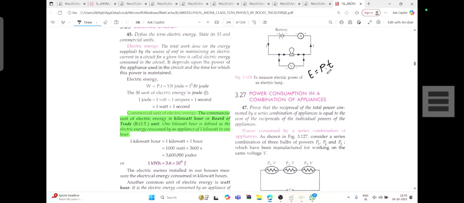So power into time. The unit of power is watt, and time is hour, so watt hour.